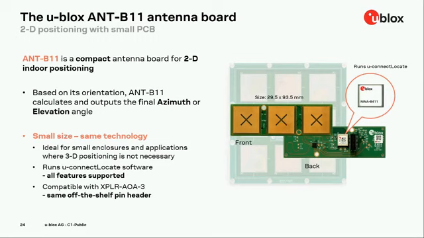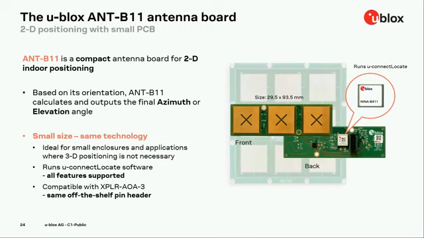But everything else is the same as ANB-10. On the reverse side, you can see the Nina B411 Bluetooth module and the same pin header as ANB-10. So you can easily replace ANB-10 with ANB-11 in a setup like Explore AOA 3. It's just as simple as unplugging one and plugging in the other.